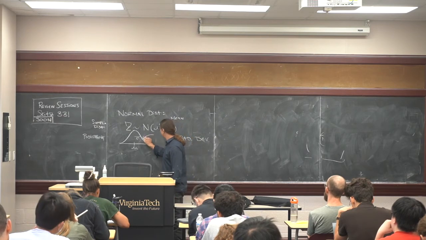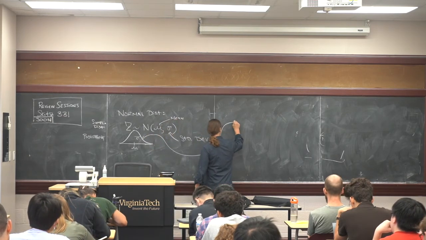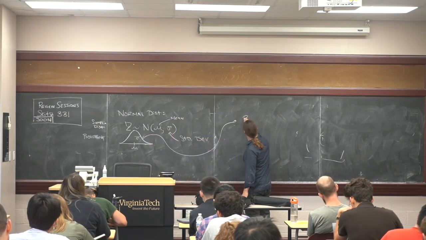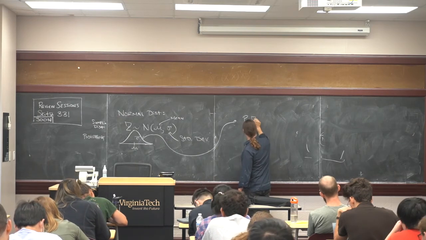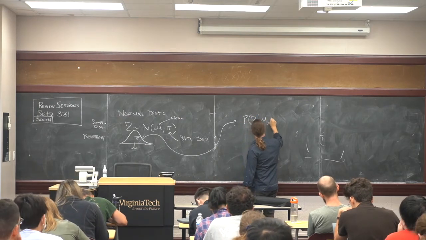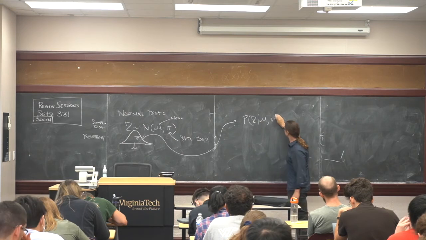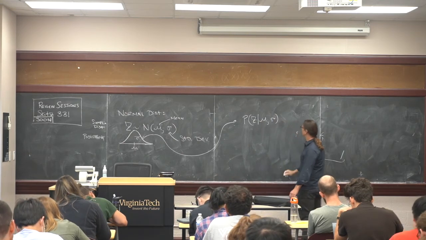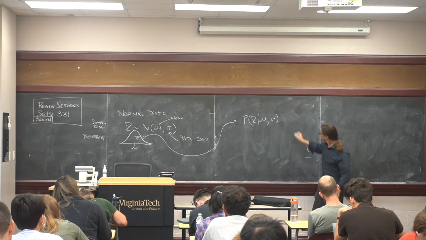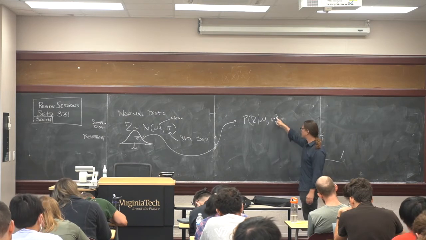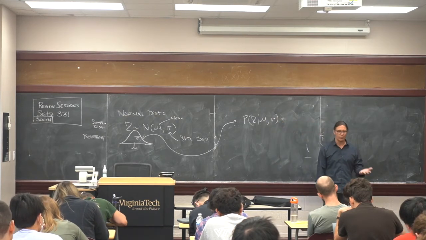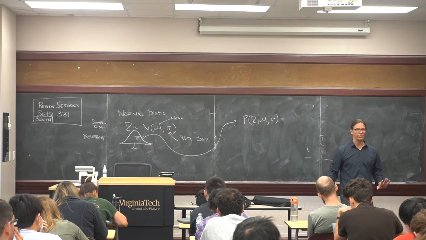So this curve is defined by this function. I'll call it p of z, given mu and sigma. That's going to put the square on it. Sometimes I do that. If I put the square on it and leave the square off somewhere, just remember I've given you the same info.